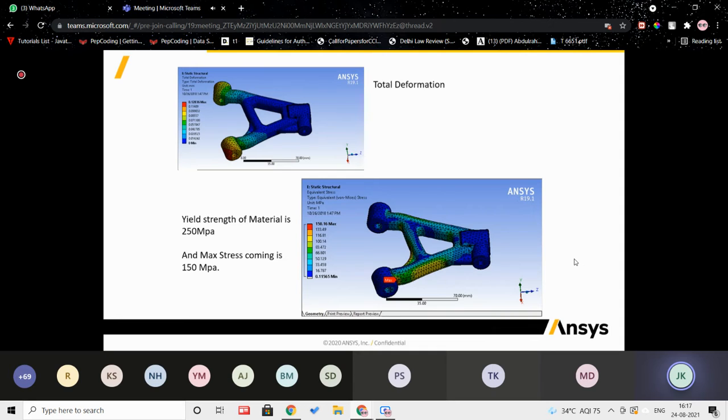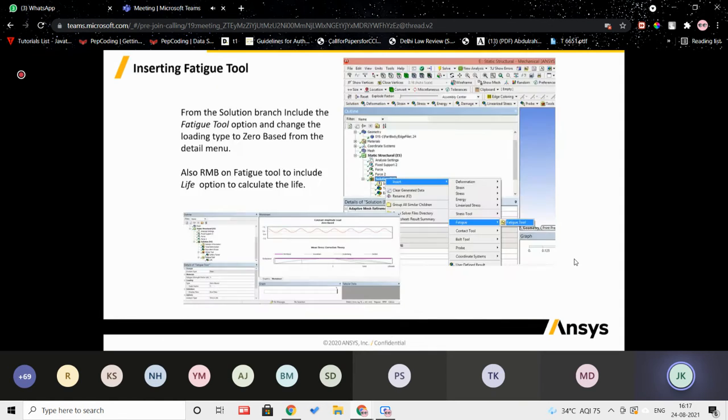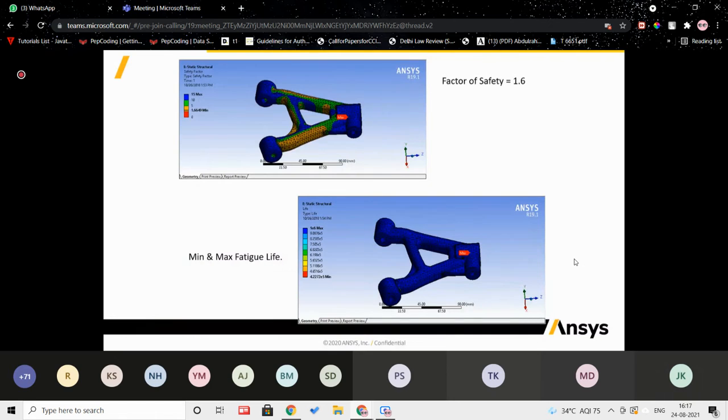But as I mentioned, when we do the fatigue calculation, can you go to the next slide? So this is how we need to, next slide, please. So you can see at the top the factor of safety with fatigue.